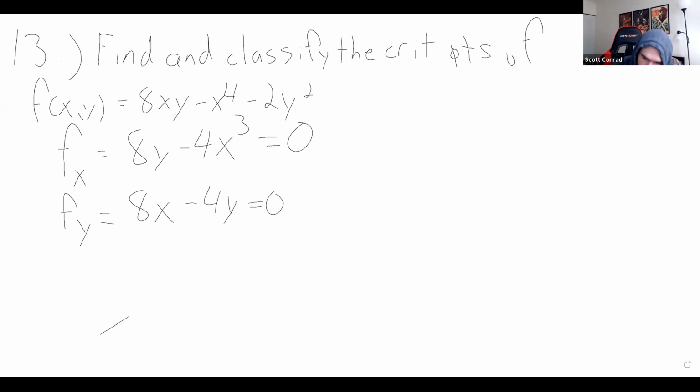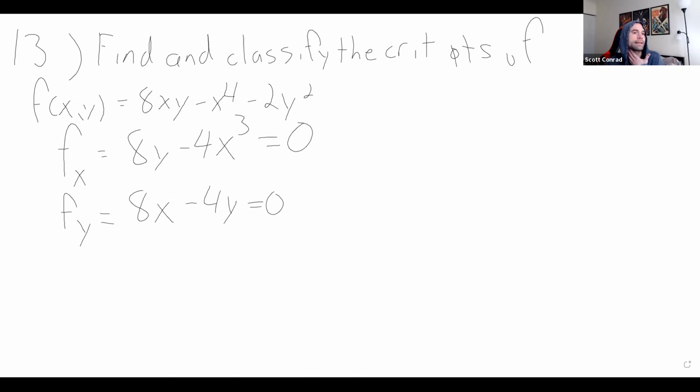What's going to happen with these is each of these is either going to give a relationship between x and y, so we can get y as a function of x or x as a function of y, or we're going to get a specific value or set of values for one of the variables.